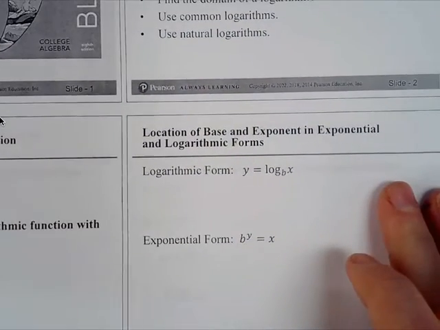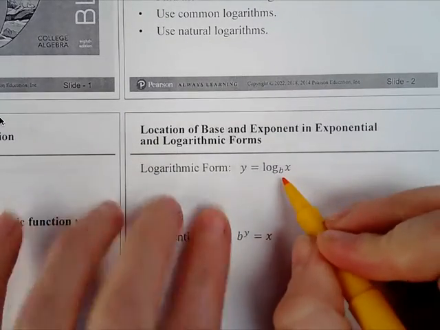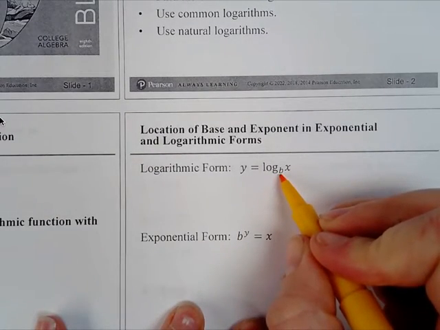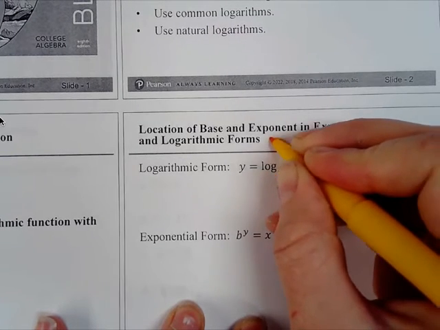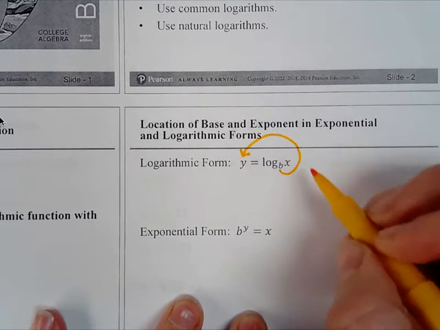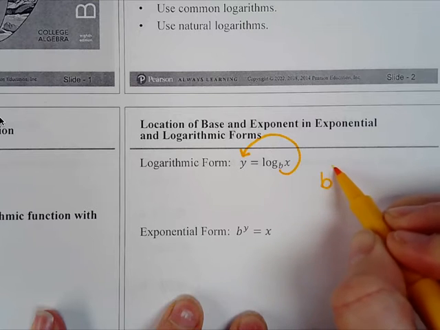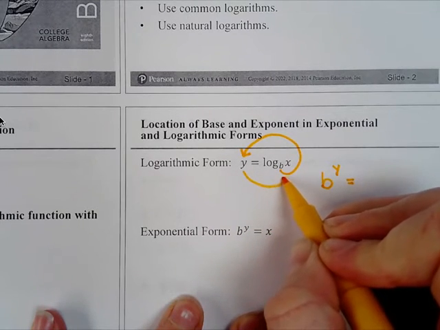So we are going to convert from log to exponential. The way we do this is start with your base, and we're going to draw some little circles here. We're going to go from b over to y. So that's b raised to the y equals, and then go back to the x.